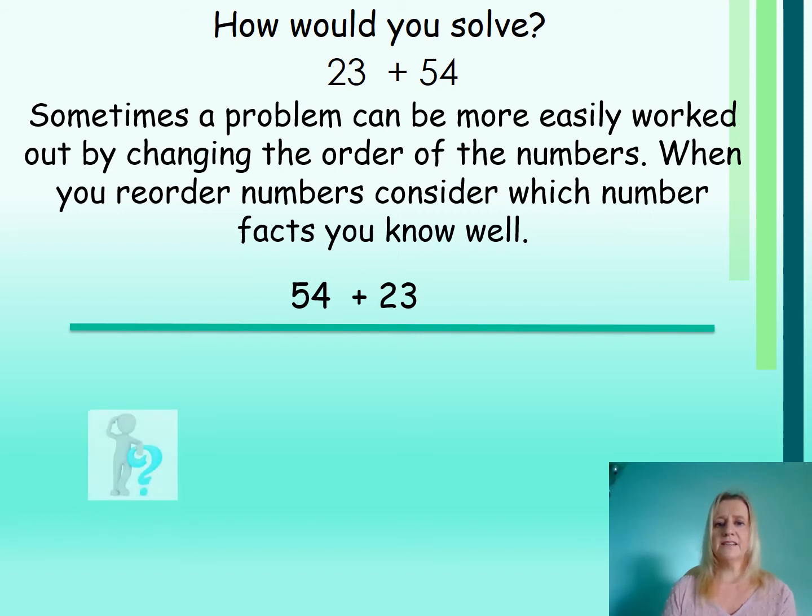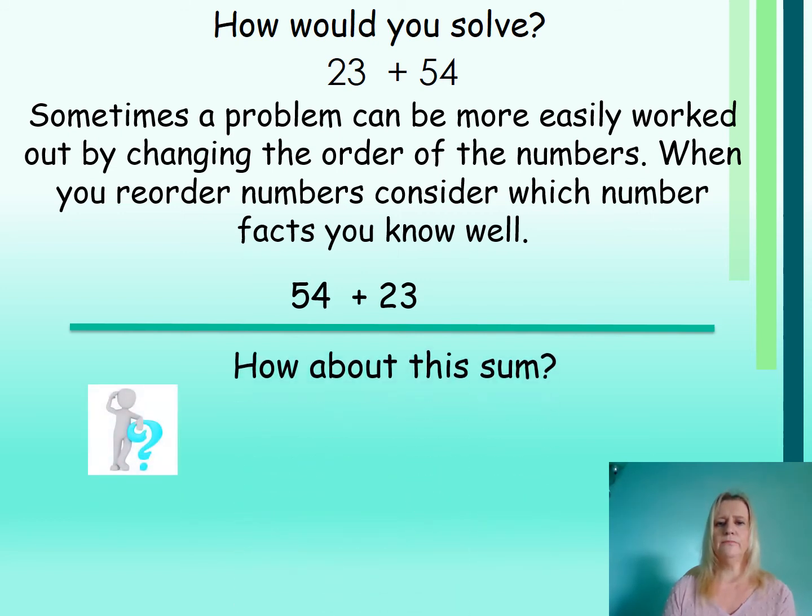Here is the second example. 2 plus 7 plus 8 plus 5 plus 3. How would you solve this one? They're all very small numbers to add, but is there an easier way of adding them?